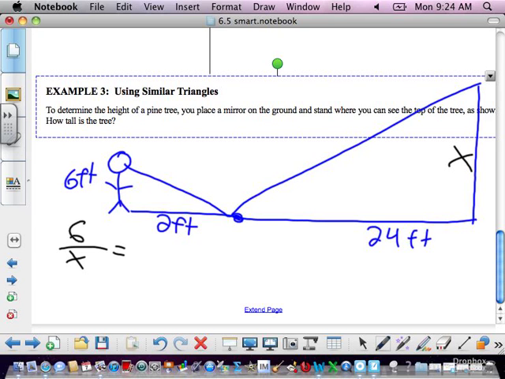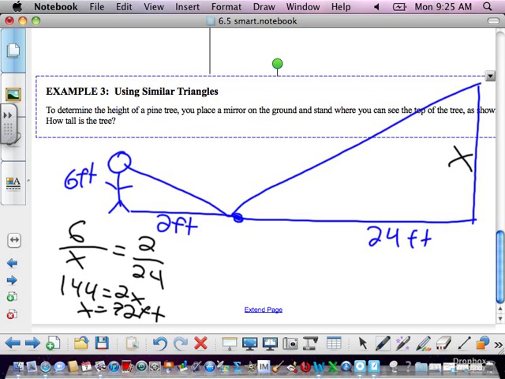So the distance from the mirror to the tree is 24. 6 times 24 gives us 144 equals 2x. X equals 72. So the tree is 72 feet.